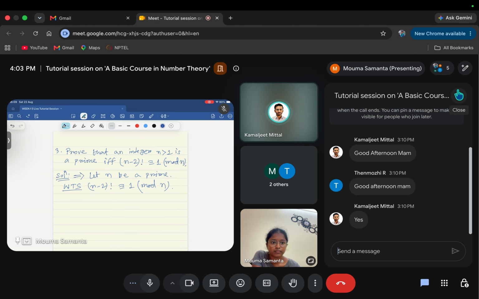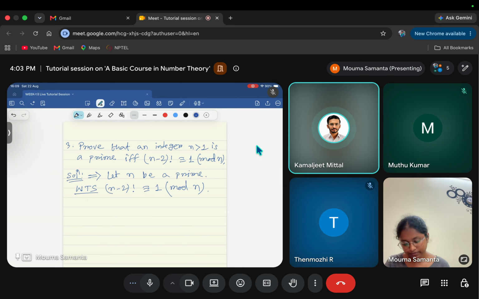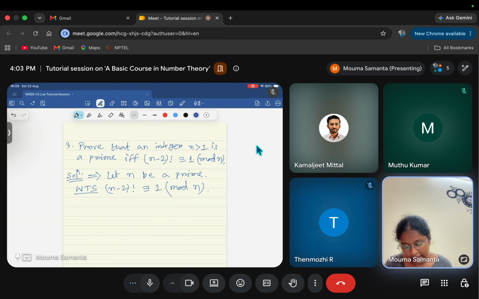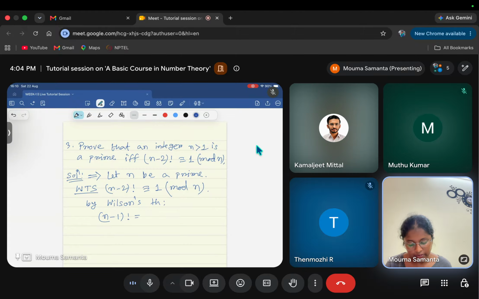Ma'am, we can think like by Wilson's theorem p minus 1 factorial is congruent to minus 1 mod p, and then we can open the factorial as p minus 1 into p minus 2 factorial. Yeah, you are right. So by Wilson's theorem, p minus 1 factorial is congruent to minus 1 mod p. Here it is given n, so n minus 1 factorial is congruent to minus 1 mod n.